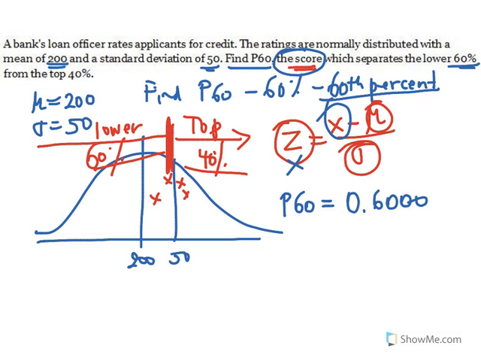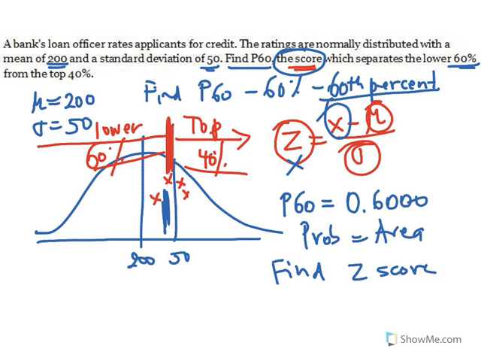So that falls above the mean, somewhere over here. So now, since we know the probability or the area, we need to find the z-score from the table. So let's bring the table in and find the z-score that's associated with this percentile right here.